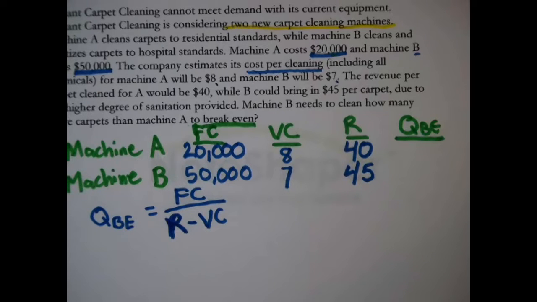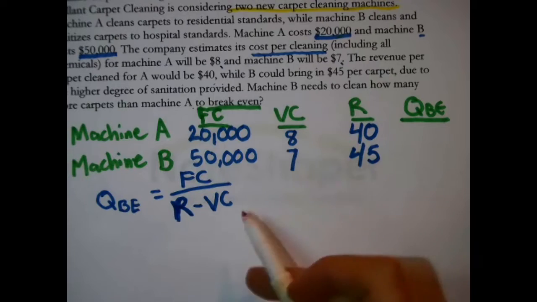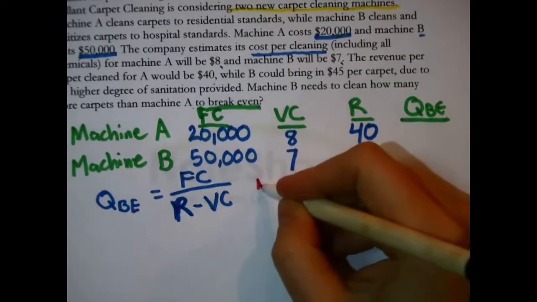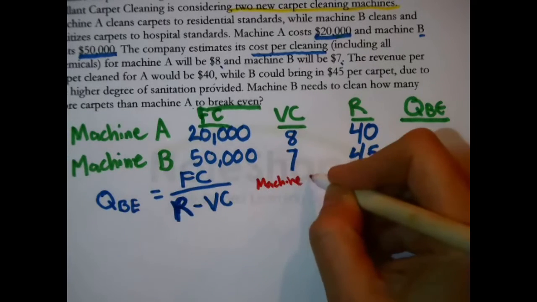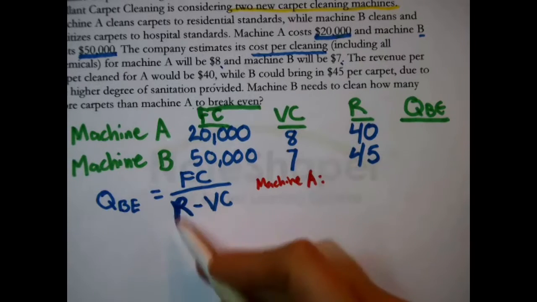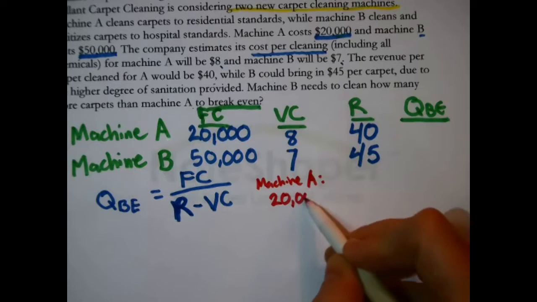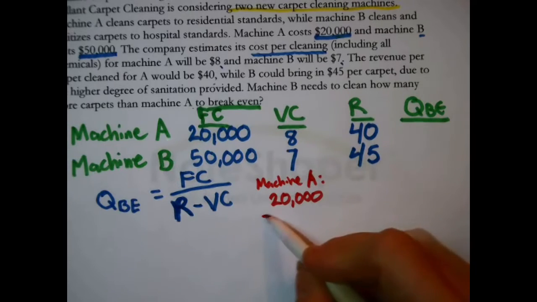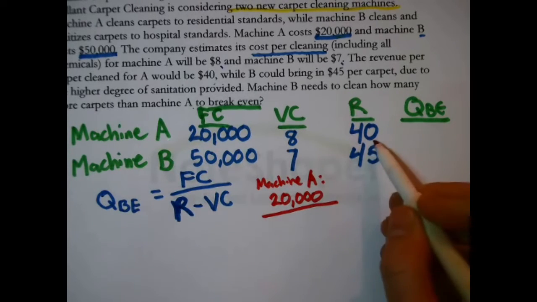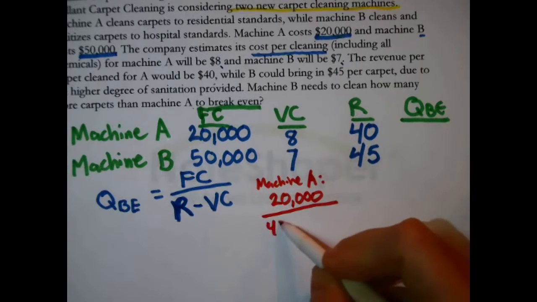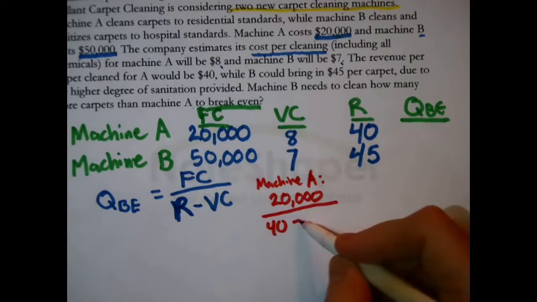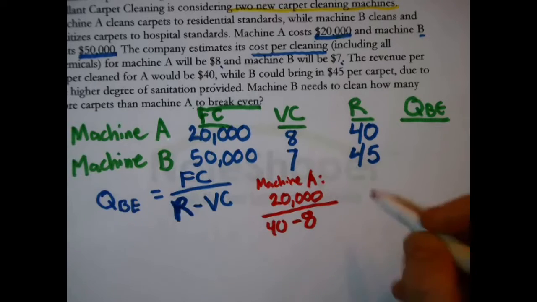Now, in the case of the first machine, machine A, I just need an area for my scratch work. Machine A, I'm just calculating the break-even point using that formula. For machine A, that would be 20,000 in the numerator, divided by the revenue, 40, minus the variable cost of 8.